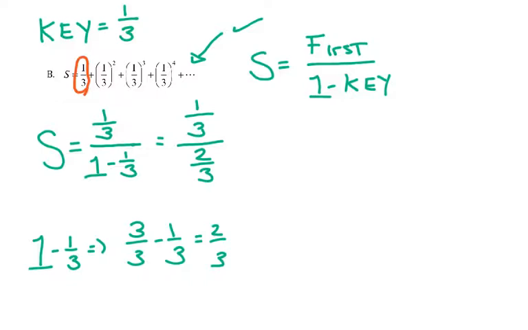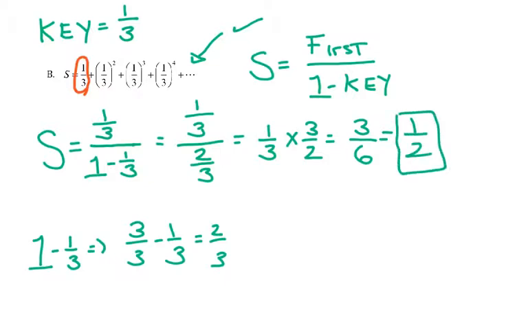Now I can keep the numerator, change the operation, flip the denominator, and see that I get 3 over 6, which equals 1/2. So that is the sum of this geometric series.